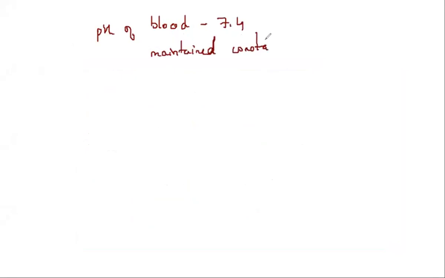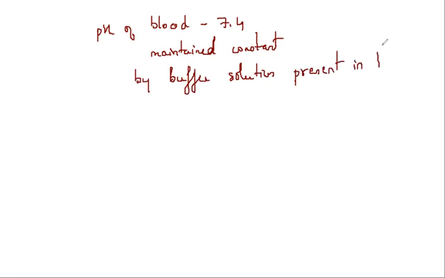How is it maintained constant? It is maintained constant by a buffer solution present in the blood itself, not anywhere outside. And which is that buffer solution?